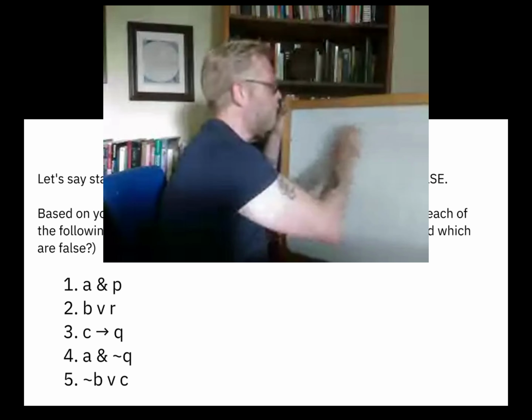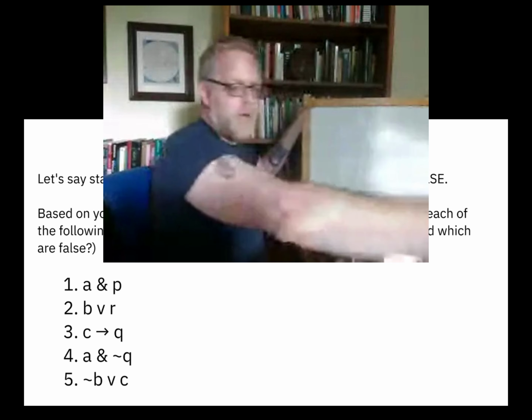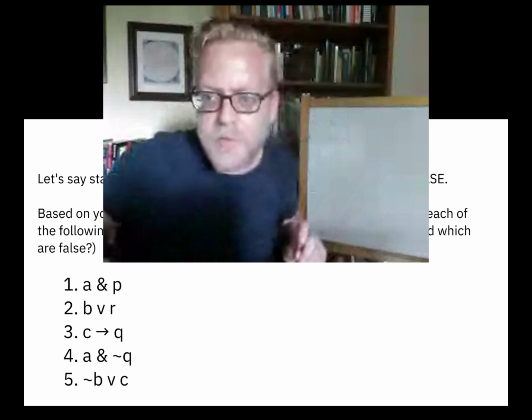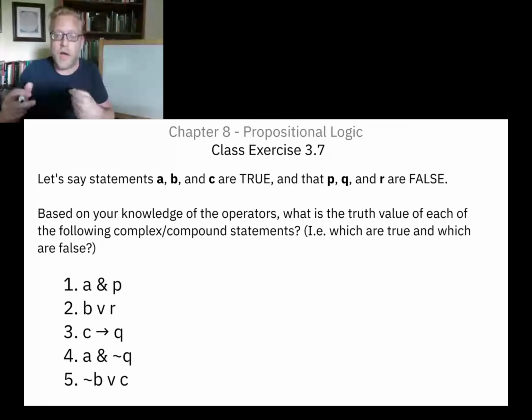Okay, so just use your logic and use your knowledge of how to define the operators with truth tables to determine the truth value for each of these, on the assumption that A, B, and C are true, P, Q, and R are false, right? So I'll go ahead and try to do that.